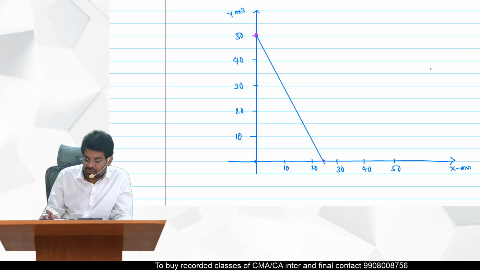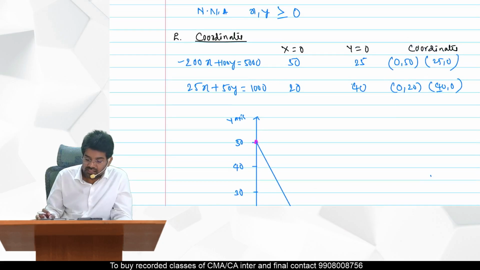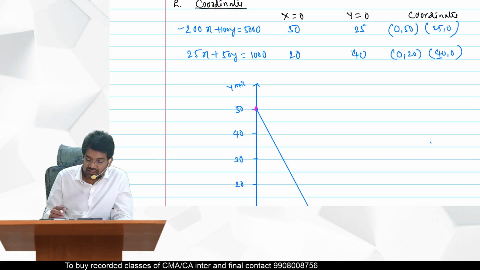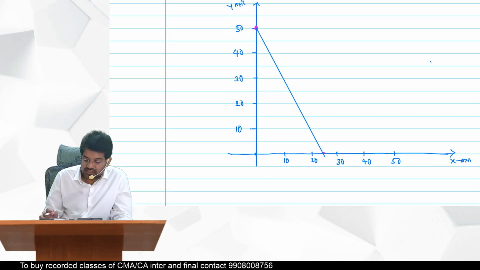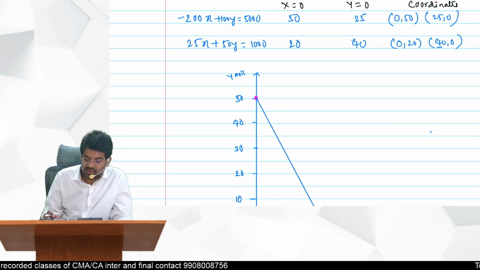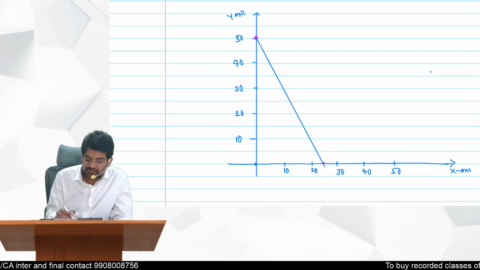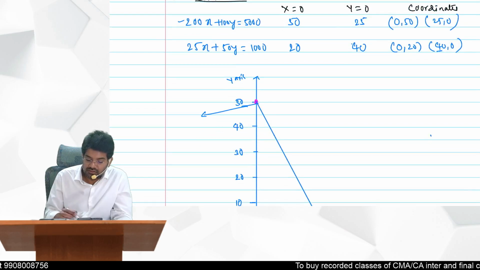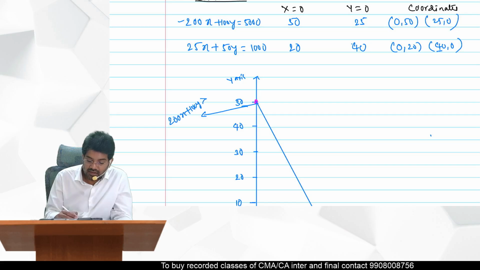This equation is 200x plus 100y is equal to 5000, this equation represents that. This one is 200x plus 100y less than or equal to 5000. That equation we are trying to represent.